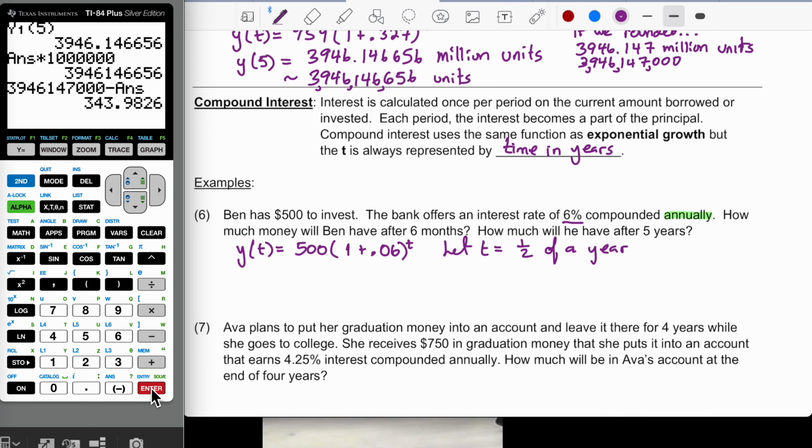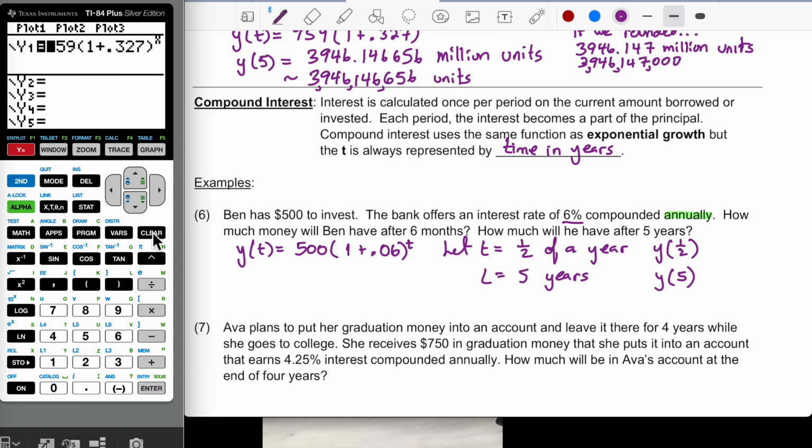All right. So we're looking for y of 1/2. And then we also have to let t be equal to 5. So y of 5. So calculator work. This is where the table might let you down a little bit.